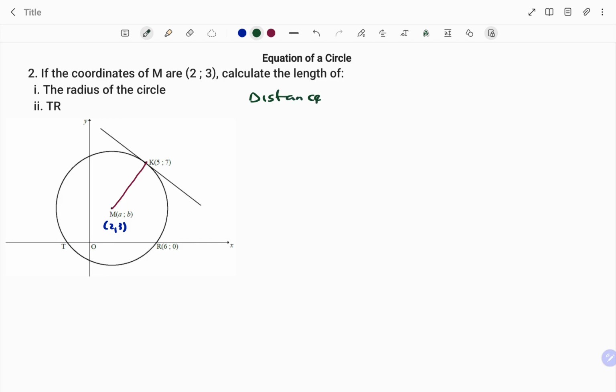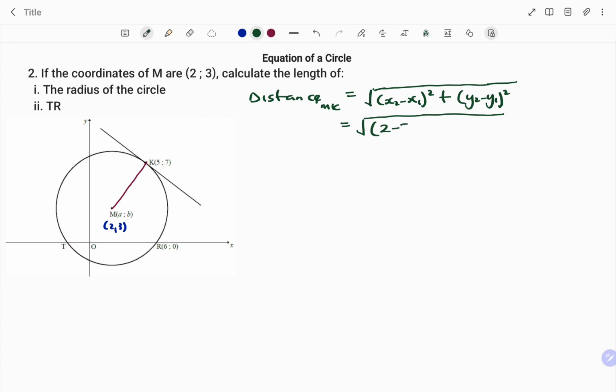of MK, which is also the radius, equals square root of, using the distance formula, we have change in x all squared plus change in y all squared. Slotting in our parameters, we have 2 minus 5 all squared plus 3 minus 7 all squared.